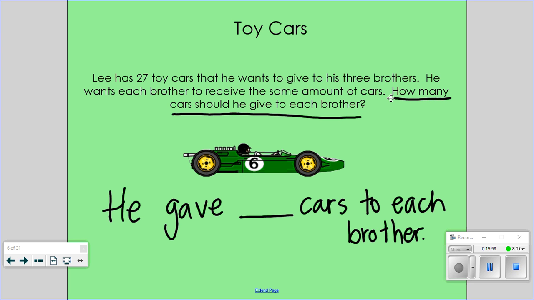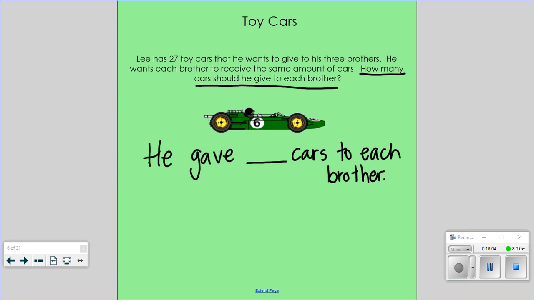What is my next step? I've read the problem. I figured out what I'm counting. Now what do I need to do? I know, it's fall, but we've done a lot of word problems. Emma? I need some kind of bar model. Let's draw our bar.